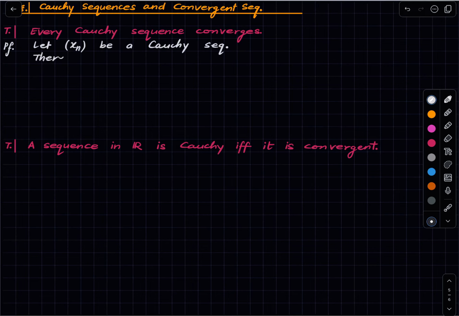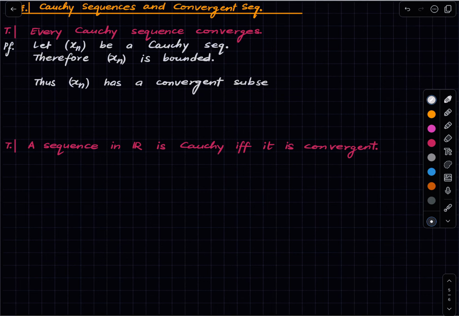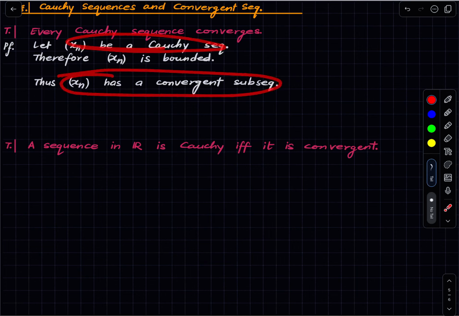Therefore, it is bounded. And now by the Bolzano-Weierstrass property, it has a convergent subsequence. But now what we see is that we have a Cauchy sequence with a convergent subsequence. We started with the Cauchy sequence, and we showed that it has a convergent subsequence.